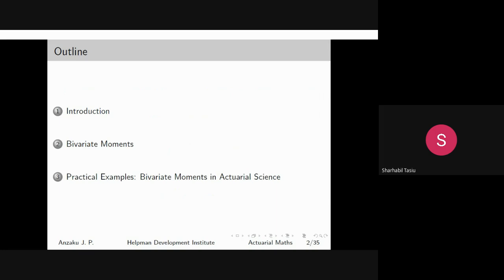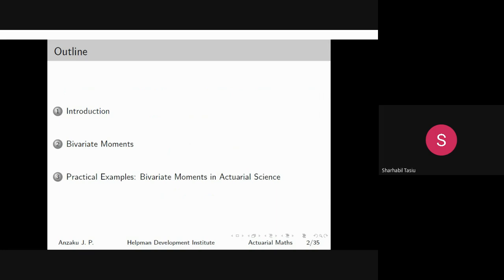We know that we use the moment generating function to generate all these moments. But we'll look at what these moments actually mean and how we can use them practically, not just the mathematical aspect of it.